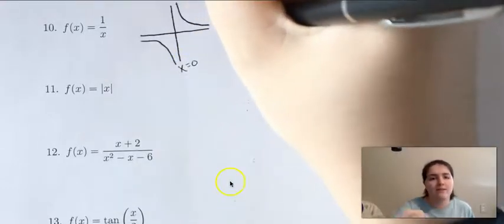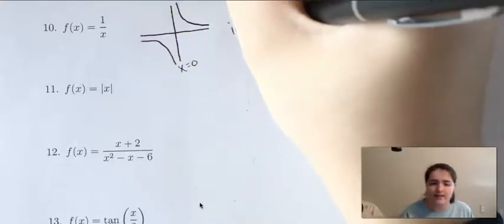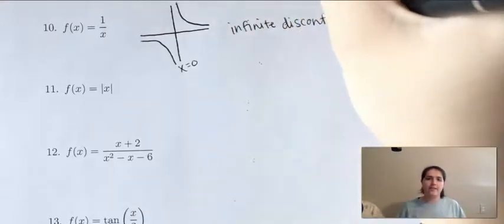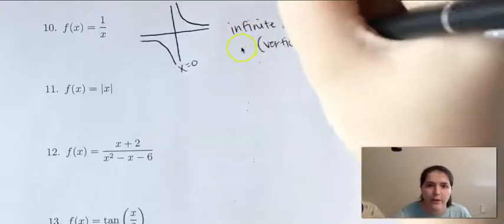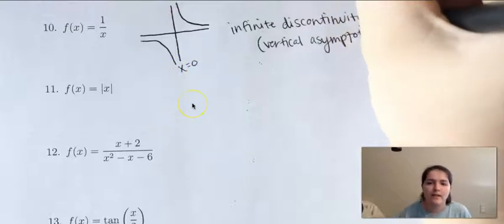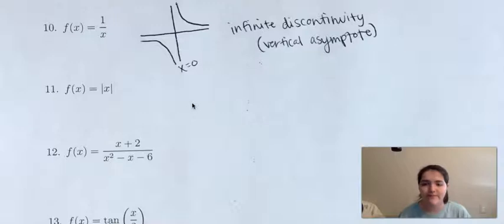Since if you were drawing the graph, you would have to lift up your pencil to go up here, and the 2 parts of the function don't connect, then we know that it's not continuous. This kind of discontinuity is infinite discontinuity, because they are going infinitely in that direction and infinitely in that direction. So a vertical asymptote is an infinite discontinuity.